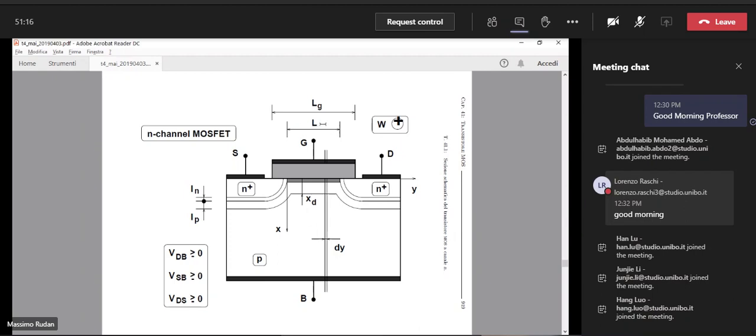It's called the channel length of the device, okay? Or better, it is the electric channel length of the device, because we also define LG. LG is the geometrical channel length. But the important one is the electric channel length, that is the distance between those 2 points.